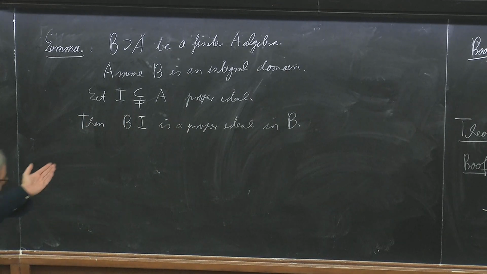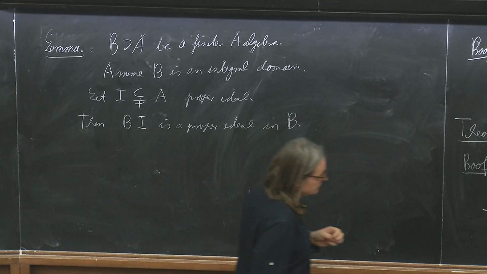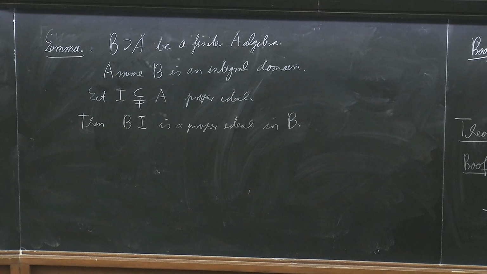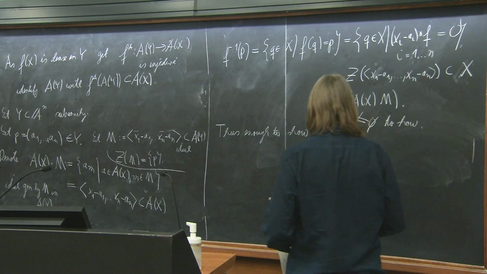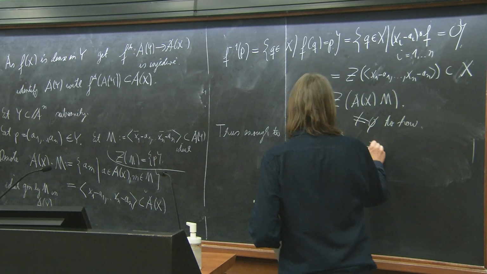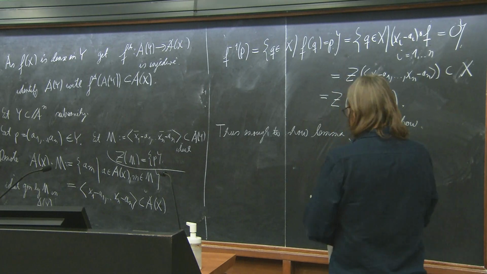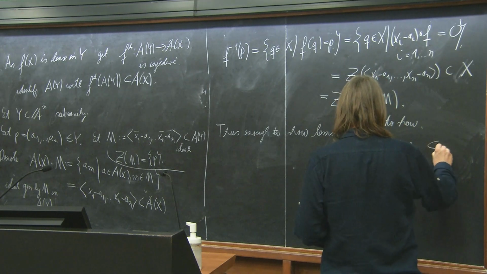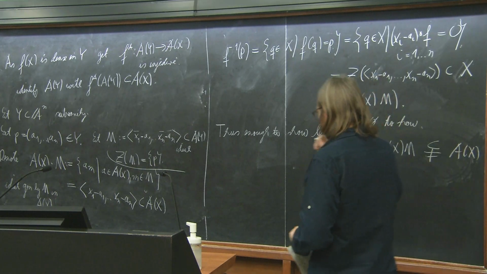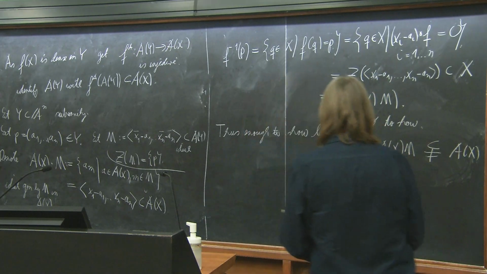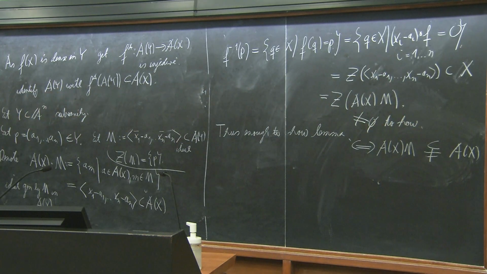And so then, if it's a proper ideal, then again, the Nullstellensatz tells us that, so here we wanted to show that this is not empty, which is equivalent to AXM not being equal to AX. Because we had just this version of the Nullstellensatz, which tells us that then the zero set is non-empty.